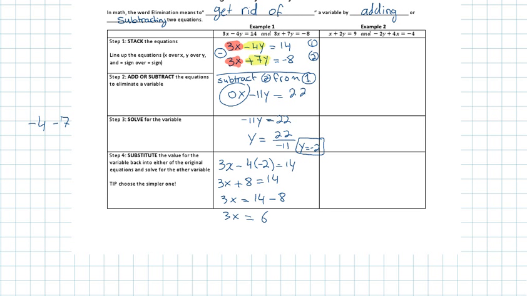Divide by 3. So x equals 2. So what I found is the solution for these two lines is x equals 2 and y equals negative 2.